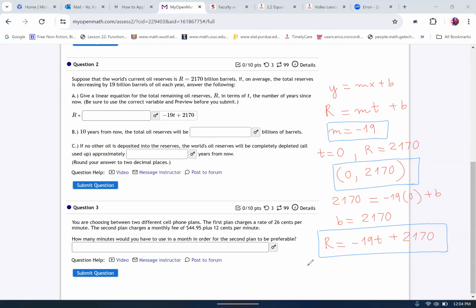So I would do R is going to be equal to negative 19 times 10 plus 2,170. So I do that calculation on my calculator.